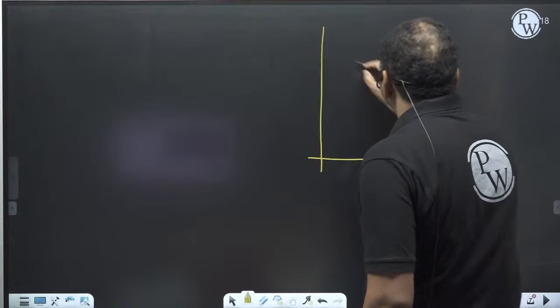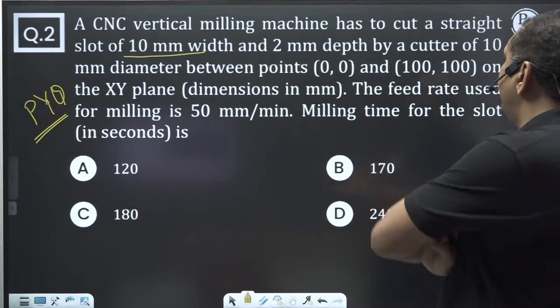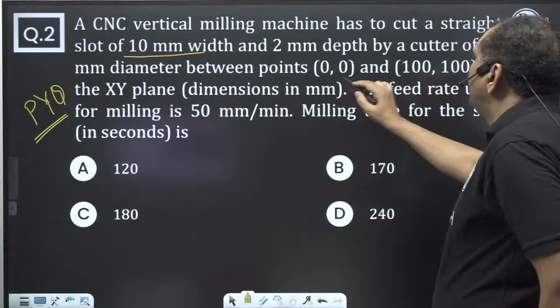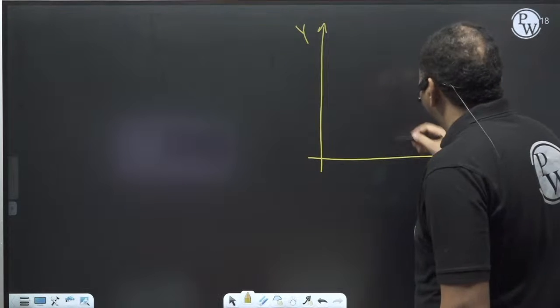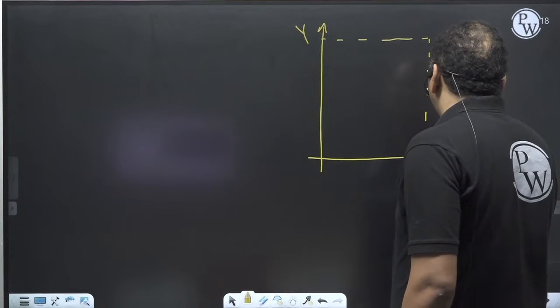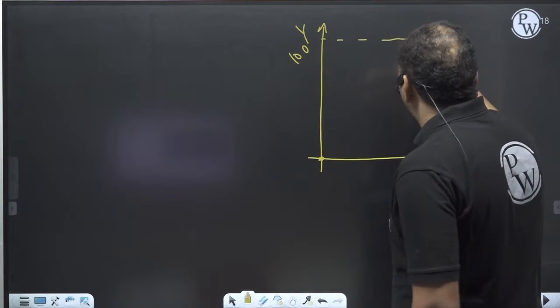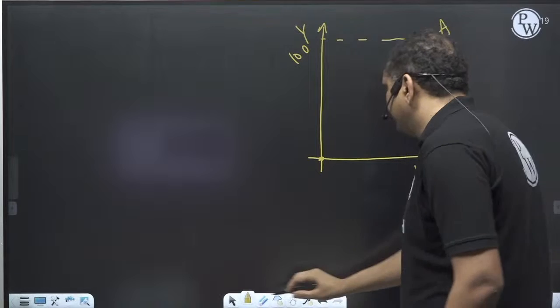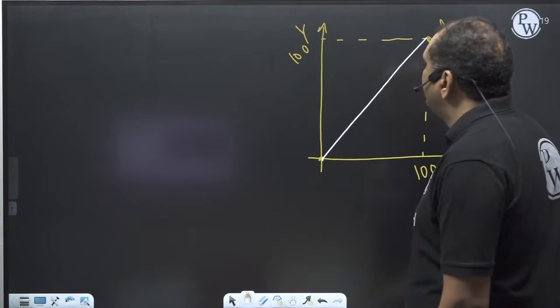X, Y. So what the question is telling, between the point 0, 0 and 100, 100, so from O to A, I have to cut the slot along this line.